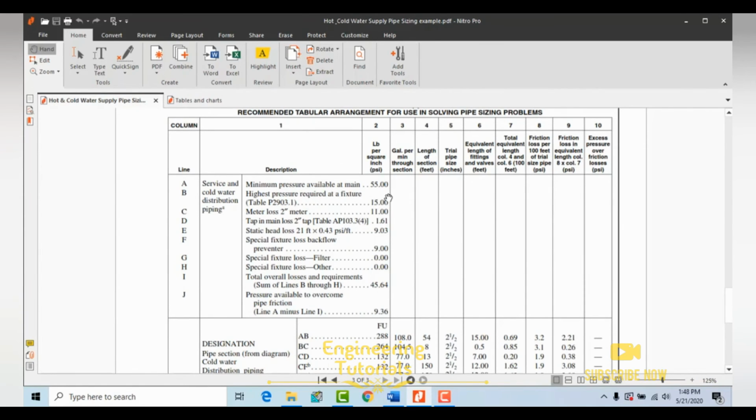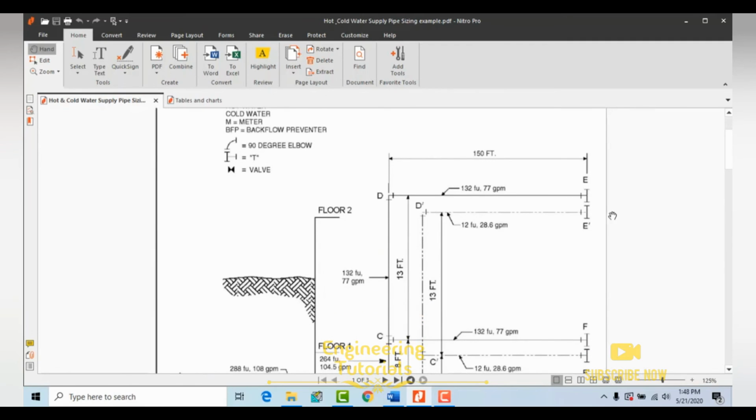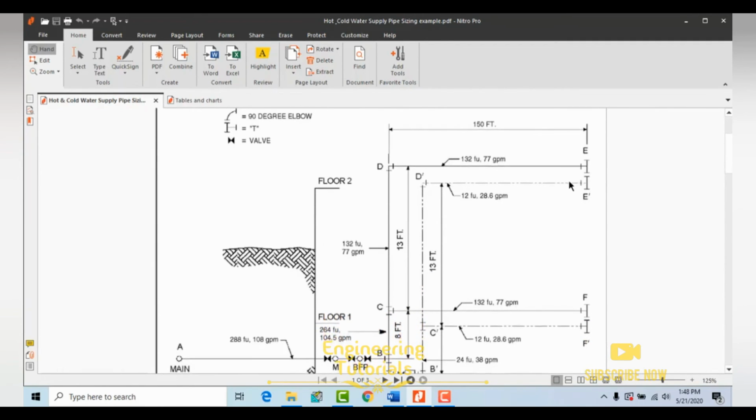This is the highest fixture we have over here, and the highest fixture group consists of flush valves. So you need to understand two things. If your highest group of fixtures contains flush valves, then the pressure for that group should not be less than 15 psi, as per the International Plumbing Code, IPC.